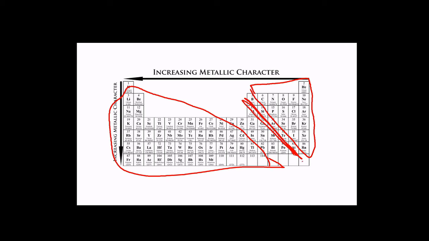If you can just remember where things are on the periodic table, you don't even really have to remember the trend, because you can just pick a random spot here and ask, which direction do I need to go to run into metals? Well, go to the left, and eventually you will come in contact with metals.